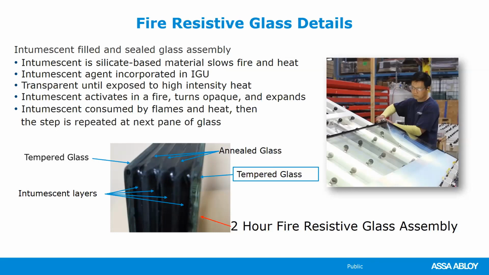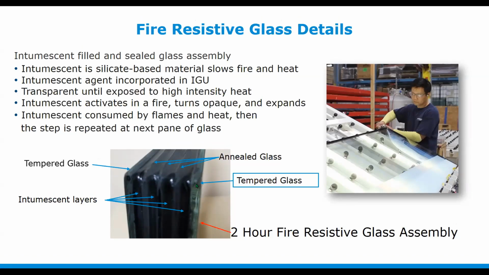Once it is consumed by the fire or by the heat, the next pane of glass would break and that intumescent would be exposed and continue to prevent transmission of heat. And then at the end of the test, you usually have the last 2 panes of glass still intact, so that you can perform the required hose stream test.